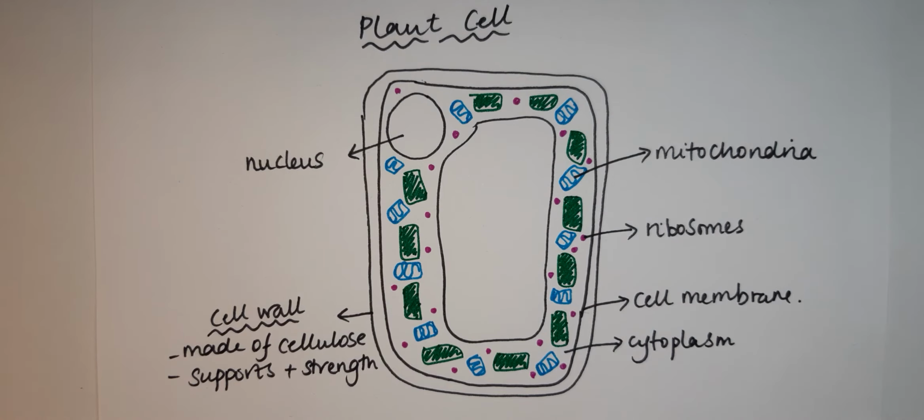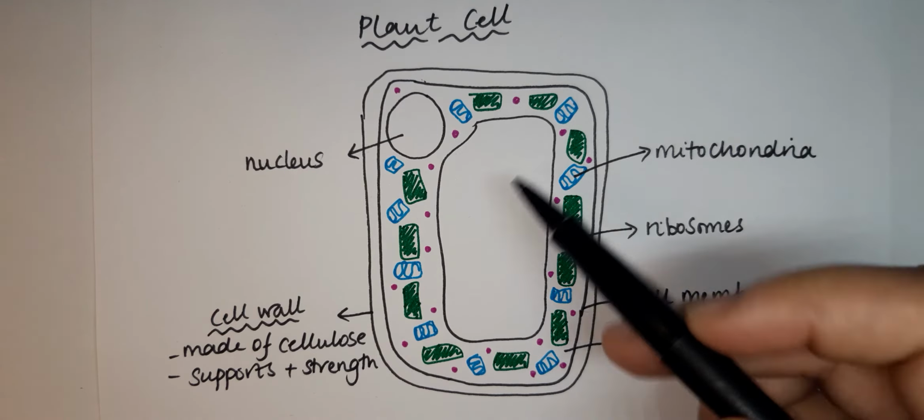So that's the first extra thing that a plant cell has that an animal cell does not have, and it's another subcellular structure. So make sure when you're referring to these, you know that they're subcellular structures and not actual cells. And the next thing that it has is a permanent vacuole, which is this middle part over here.